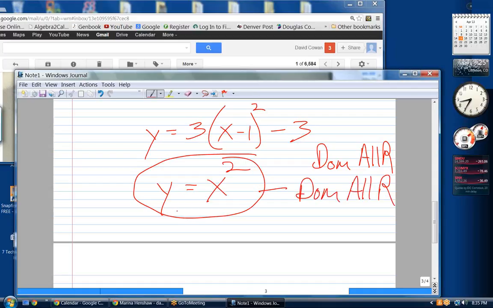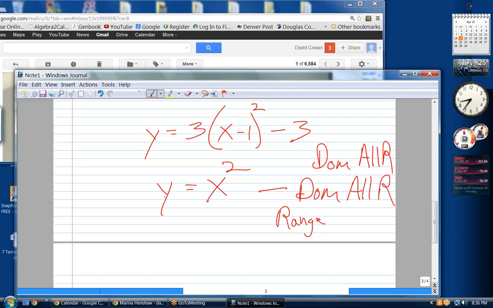What's the range of this y equal x squared? Can you make y negative? Tell me what value of x would make y negative. Oh, no, you can't, because a negative times negative equals a positive.